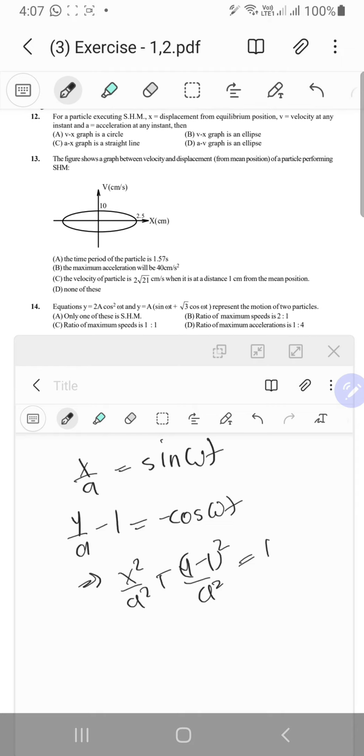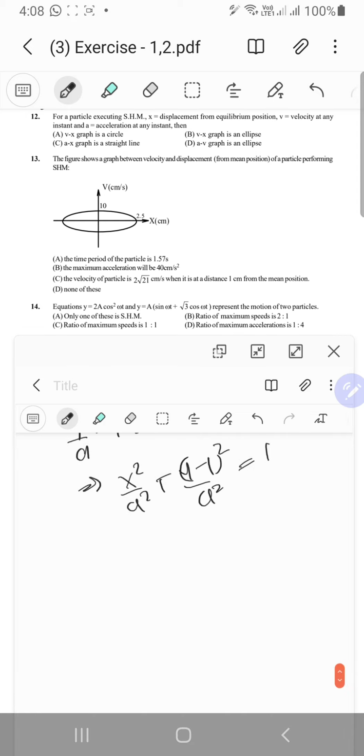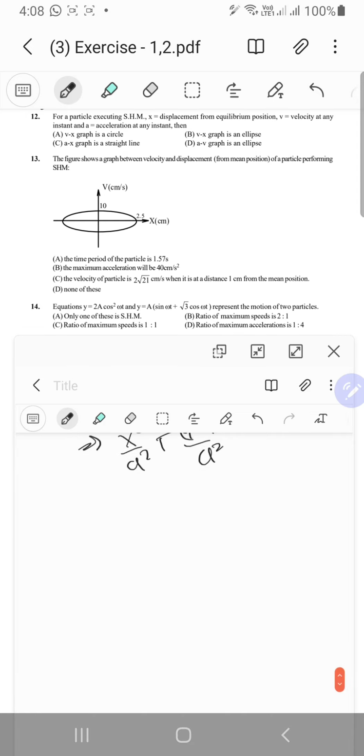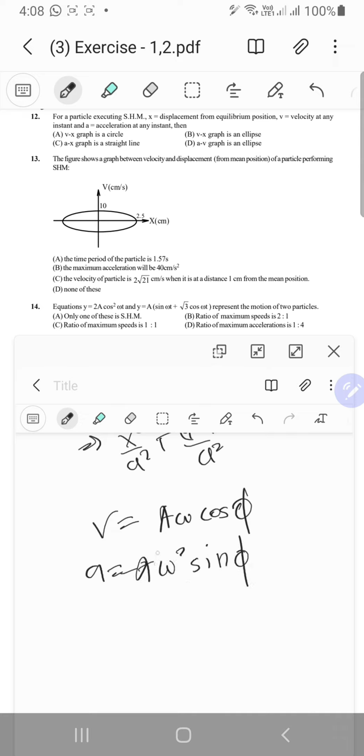For a particle executing SHM, x equal to displacement from equilibrium position, v equals velocity at any instant, and a equals acceleration at any instant. Okay. Then the vx graph is a circle. Not necessarily, it's an ellipse, because v is amplitude times omega times cosine of the angle, and acceleration is a omega squared sine of the angle with a minus sign, but you get it.